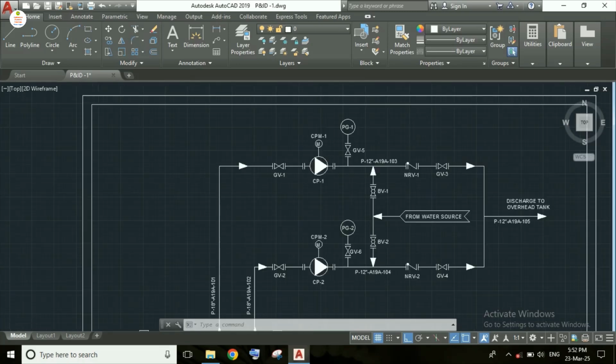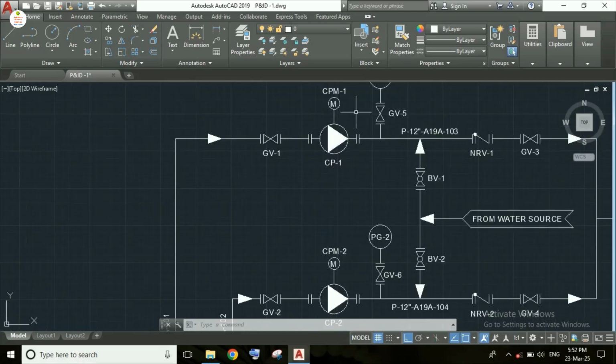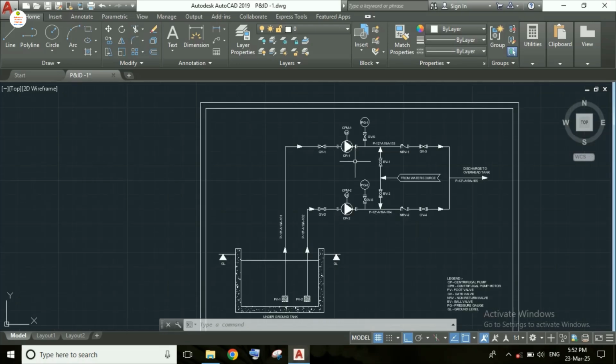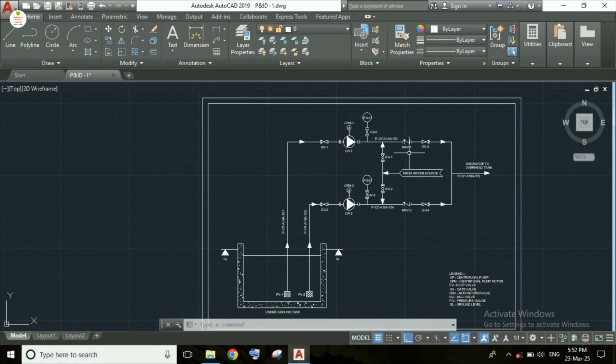Prime means we are pouring the water before starting the pump. This is another priming arrangement which we will discuss later.